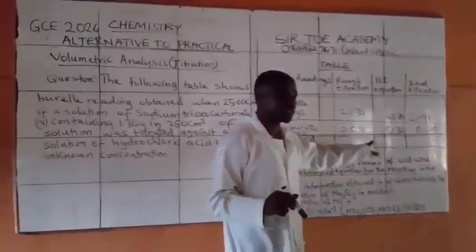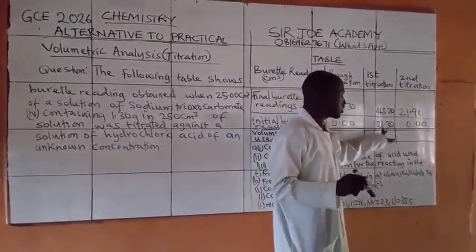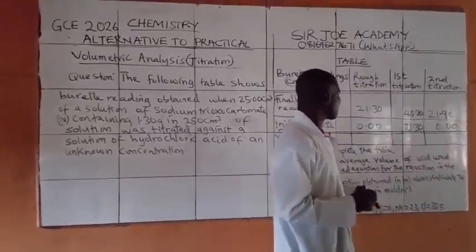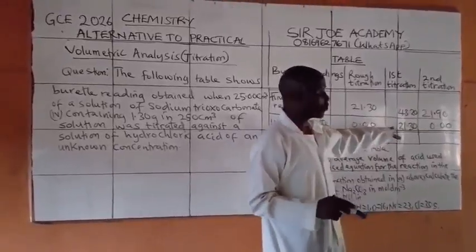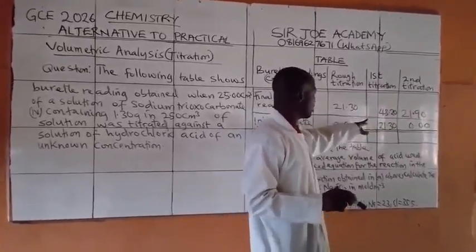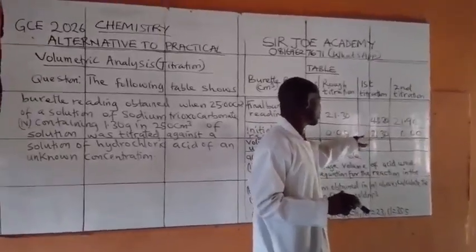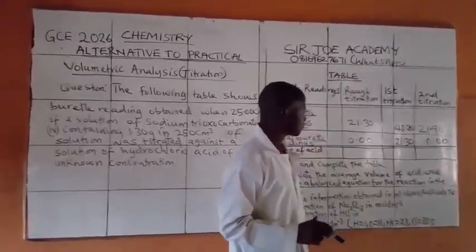Then for the first titration, the initial burette reading is 21.30 cm³, while the final burette reading for the first titration is 43.20 cm³.